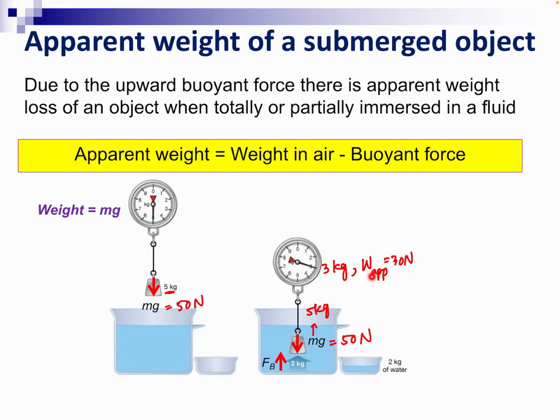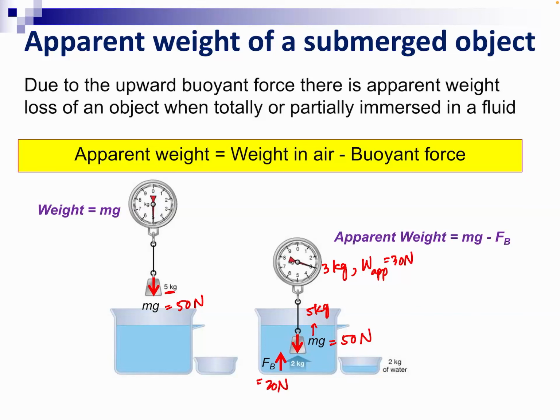If you compare the real weight of the object in air to the weight measured by the scale when the object is immersed, there's a 20 newton difference in weight. And this 20 newton difference in weight is the buoyancy force that was exerted by the fluid on the object.